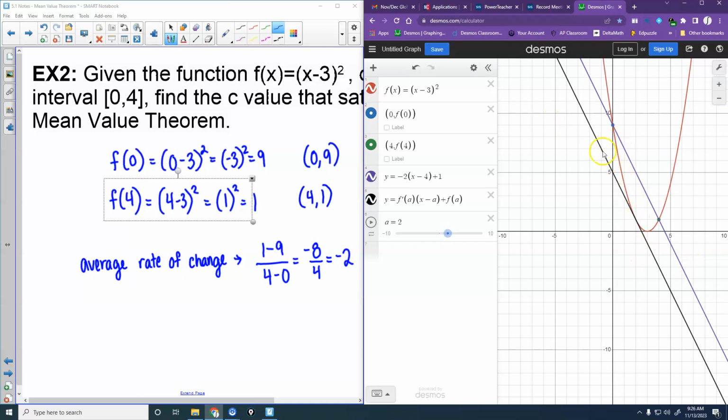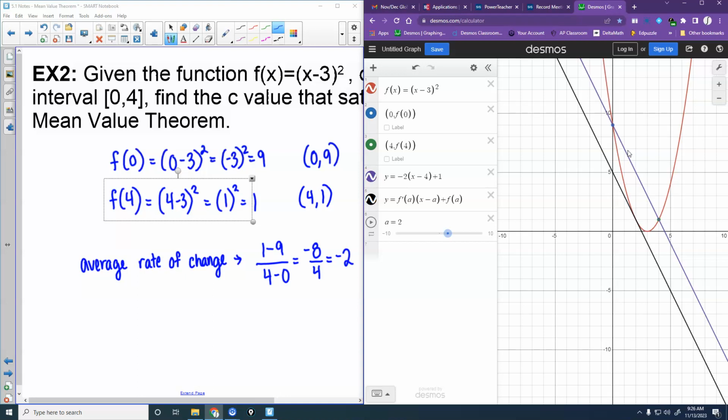Those two lines, the tangent line would be parallel to the average rate of change line. But we need to be able to find that algebraically as well. So the mean value theorem tells me derivative equals average rate of change. So to do this, what do I need to find? I already found the average rate of change. What do I need?